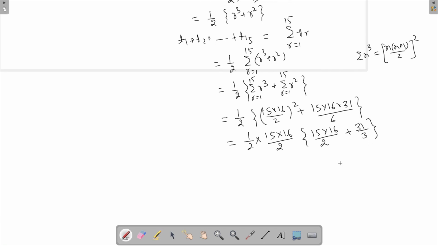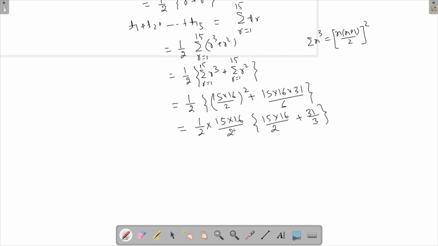Now this is 2 to the 4, this will be 60. And now I will have 6 as my LCM, and this will be 15 into 16 into 3, which is 15 into 60. And 16 times 15 is going to be 240.